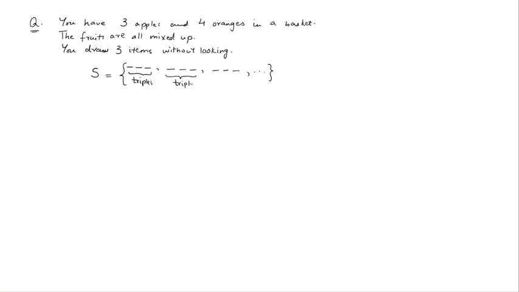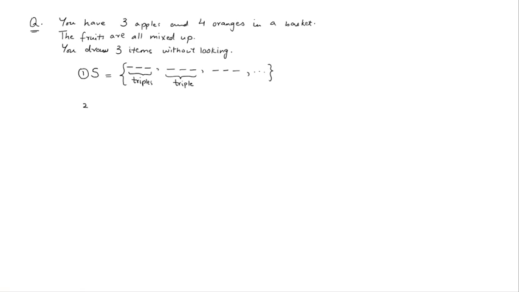You'll have many of these triples. So that's what your sample space is going to look like. So that's the first step.